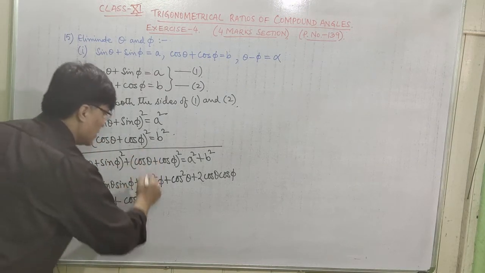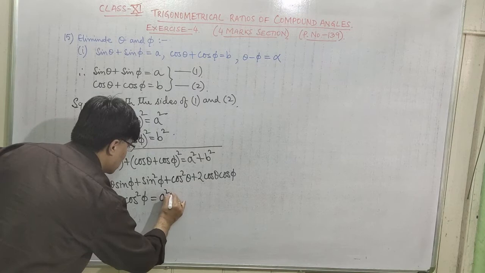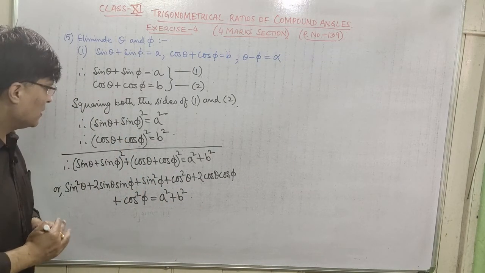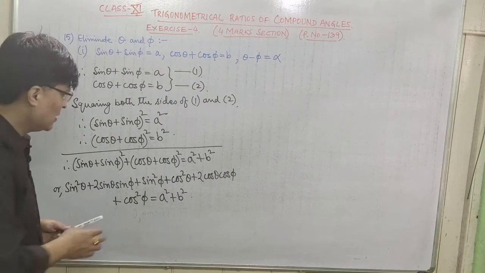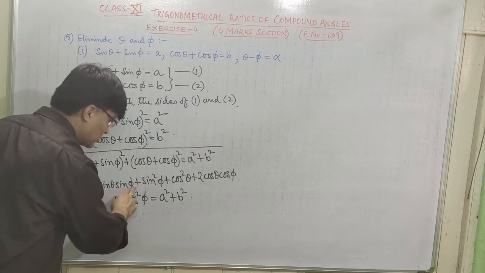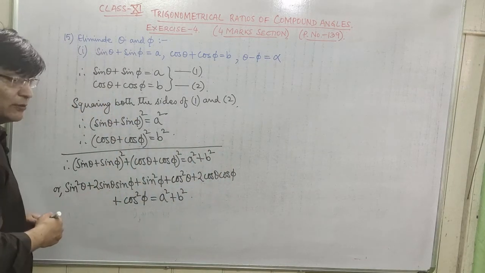Which is equal to A square plus B square. This is the continuation line, so I have written it in the next line.